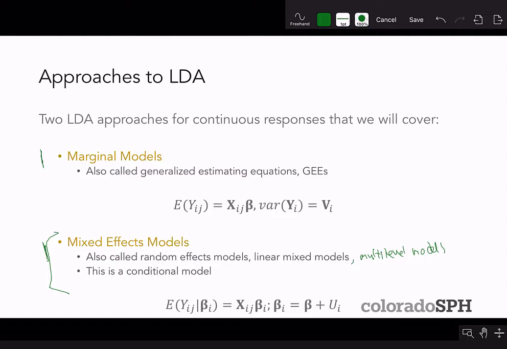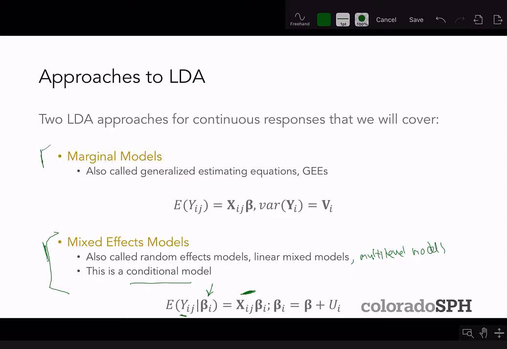And this is also called a conditional model because in this framework, your expected value of your outcome, Yij, is conditional on individual values estimated for your slope or intercept. And that model takes on subject-specific flavors, which we'll get into for the rest of this lecture.